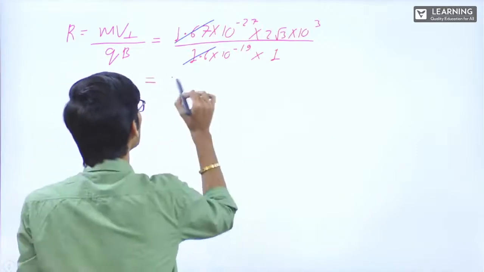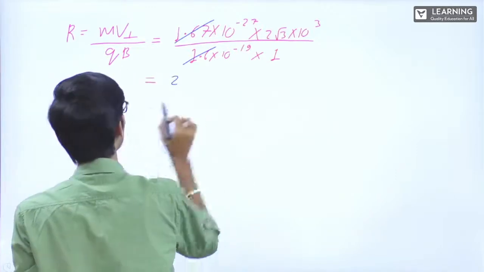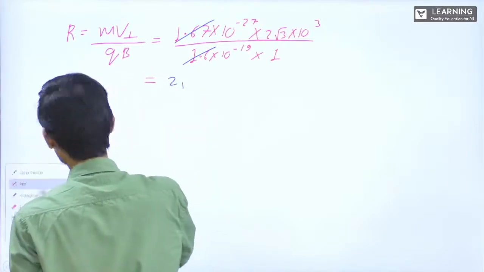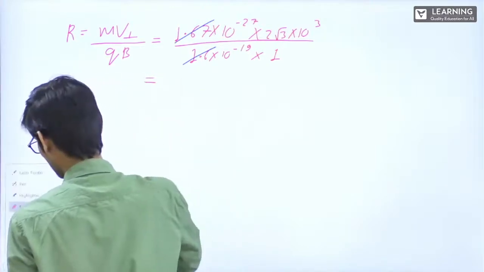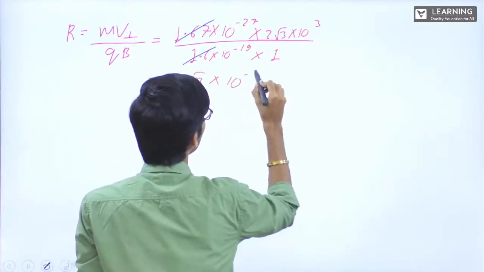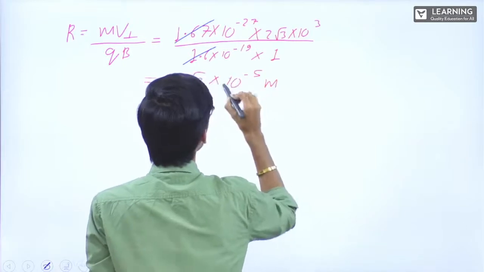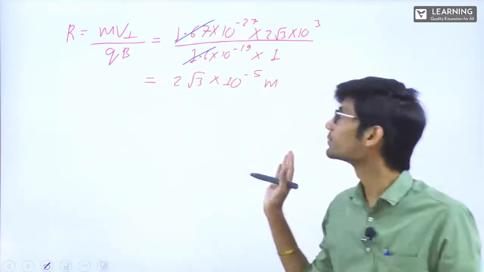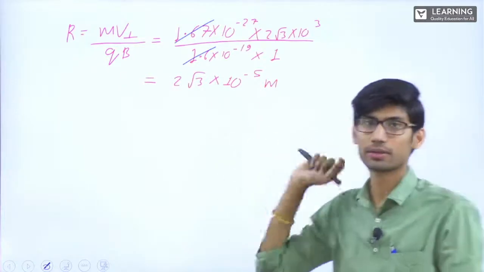So this will be 2 root 3 into 10 power minus 5 meters. Everything is in SI unit, so we are doing it in meters. Clear? That is the radius of that circle.